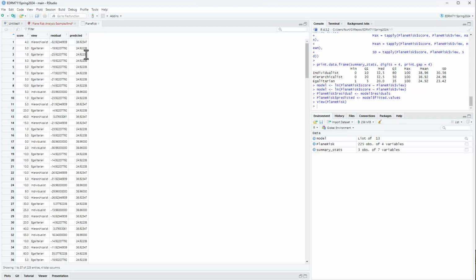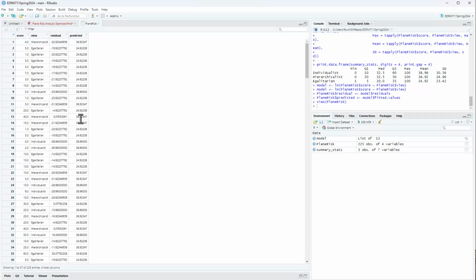And the prediction was about 25, and that means they were about 24 less than predicted. Wait a minute. 25 was the prediction for the third person and the second person. And as I scroll down here, as I scan the page, it's also 25 for the next one, the next one. All those egalitarians are 25.